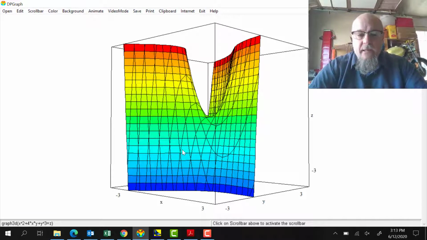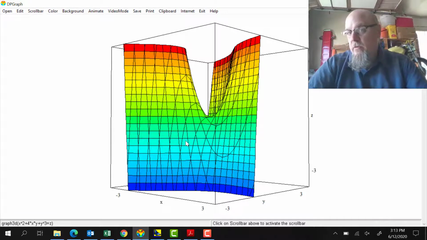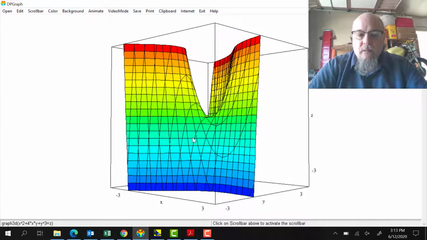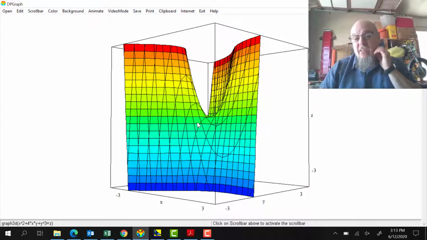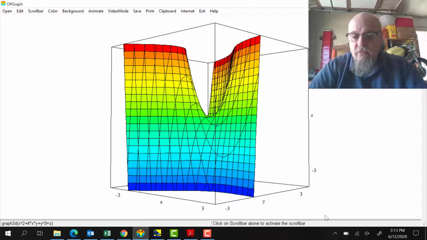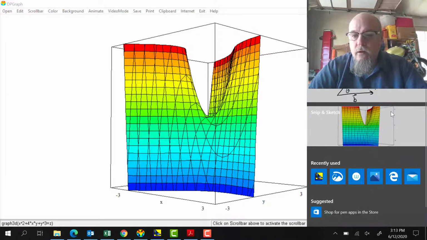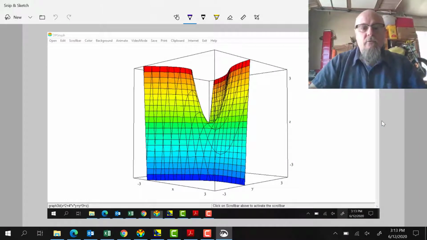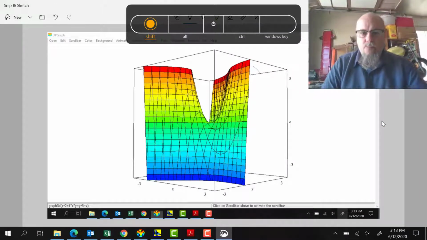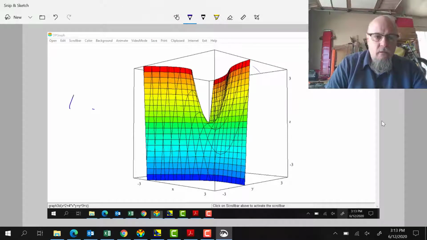Now, a tangent line, like from single variable calculus, would be the line that just glances off the curve, and it's a straight line. So at the point, let's draw this. Here's our curve.